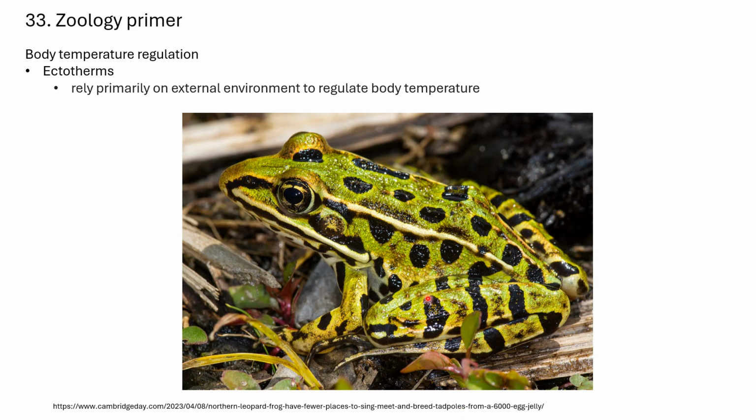That's where I got this picture from, and it's talking about these leopard frogs and loss of their habitat. But they're going to be a good example of an ectotherm, where they don't really have the ability to regulate their body temperature from inside, and so they have to rely on the external temperatures in their environment to determine their body temperatures, ectotherms.